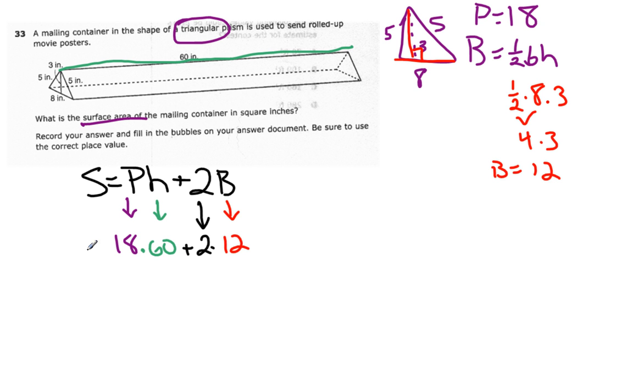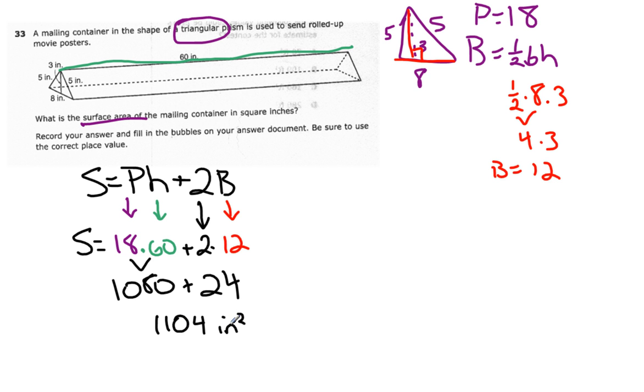Okay, then we just have some calculating to do. 18 times 60 works out to 1080. If you don't believe me, go try it. I dare you. 2 times 12, 24. Add them together, we get 1,104 inches squared. And there's your answer.